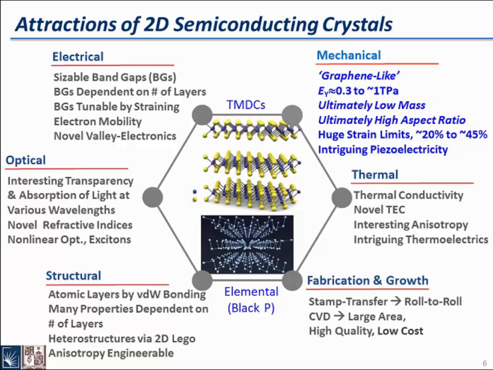So it can be very highly stretchable, ultimately low mass, ultimately high aspect ratio, with huge strain limit, 20% to 45%. They also have intriguing piezoelectricity intrinsic to some of the crystals if they break the crystal symmetry. They also have very interesting thermoelectric properties.